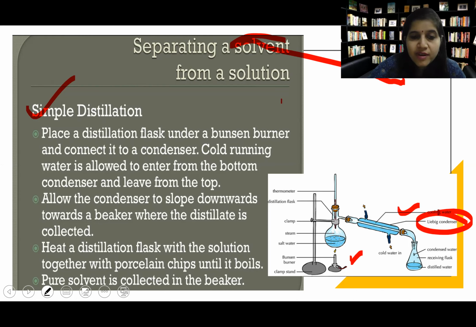Heat the distillation flask with the solution. Now we will start heating the round bottom flask with the Bunsen burner. Now the pure solvent, which is water, is collected in the beaker. You can collect the water in a beaker with the help of the condenser, and the solute will remain in the distillation flask.